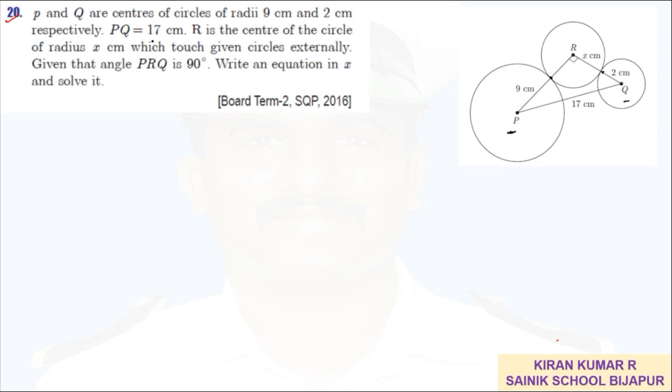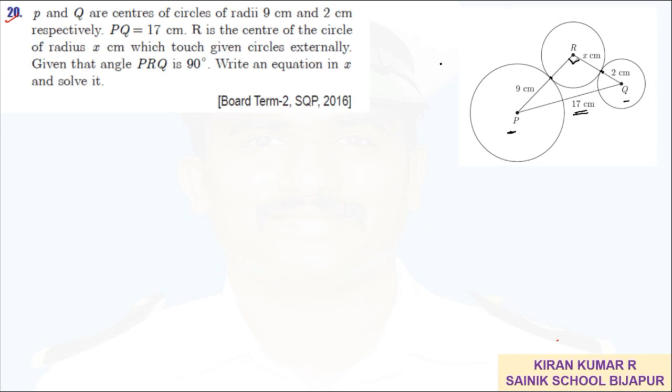PQ is the distance between their centers. It is 17 cm. Look at this, 17 cm. R is the center of the circle of radius x cm, which touches the given circles externally, making an angle PRQ equal to 90 degrees. This is the angle formed. This particular circle touches the other two circles externally.